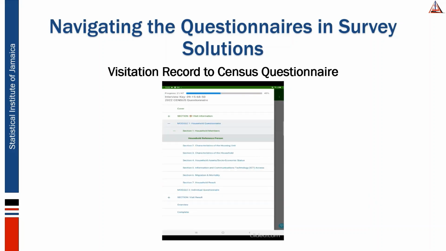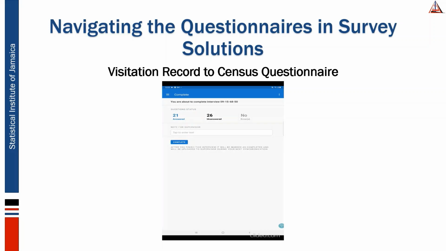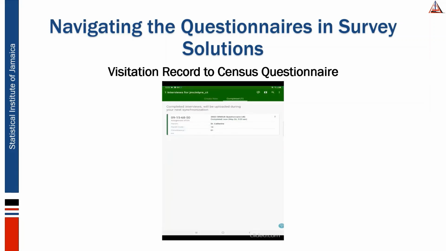To complete the overall interview, you would go to Section Complete and select Complete. The tab will now become green to indicate that the questionnaire has been completed. It is at this point that you may synchronize so that the questionnaire may be uploaded.